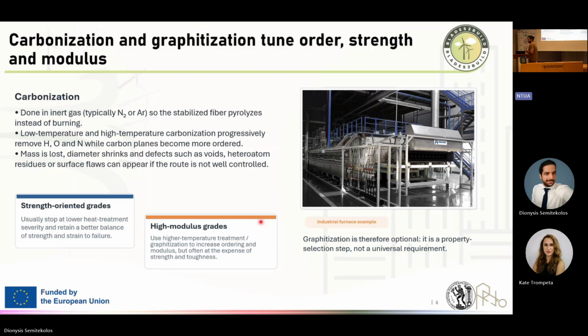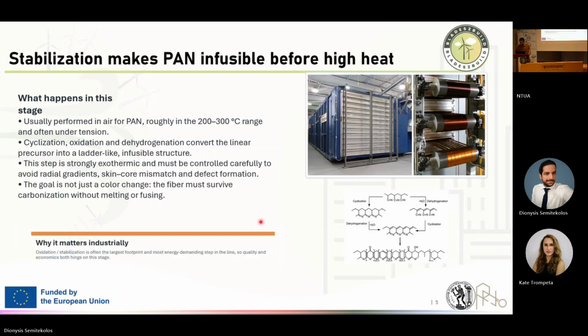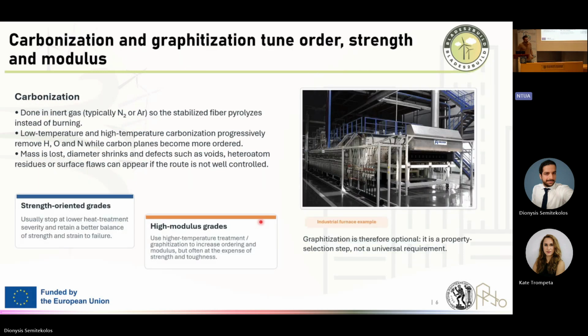In parallel, the ladder-like structure that we saw before starts to become more ordered, which means we are getting closer to the graphitic structure. I have it in the next slide. We are going to see what the graphitic structure looks like.